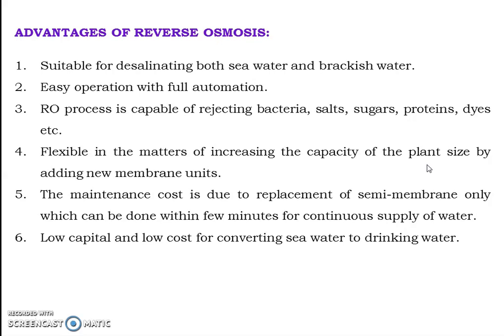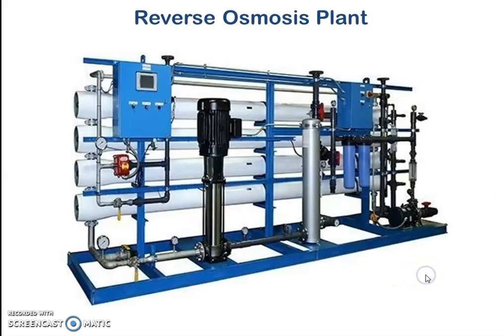The maintenance cost is only due to replacement of the semi-permeable membrane, which can be done within a few minutes for continuous supply of water. That means it is a very easy job. You just replace the semi-permeable membrane and then you can start using the unit again without any loss of time. And the last advantage is the low capital and low cost for converting seawater into drinking or potable water.